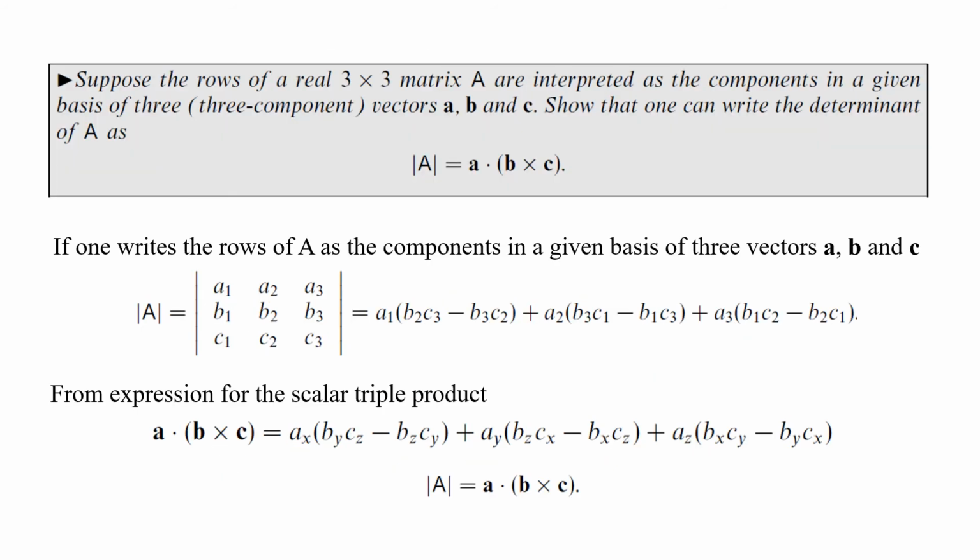Now suppose you have the rows of a real 3 by 3 matrix A, which are interpreted as the components in a given basis of 3 vectors A, B, and C. Show that one can write the determinant of A as your A dot B cross C. So we're going to show that we can actually find the determinant of A using your A dot B cross C. If one writes the rows of A as the components in a given basis of 3 vectors A, B, and C, let's write your determinant as A11, A12, A13, B1, B2, B3, C1, C2, C3.